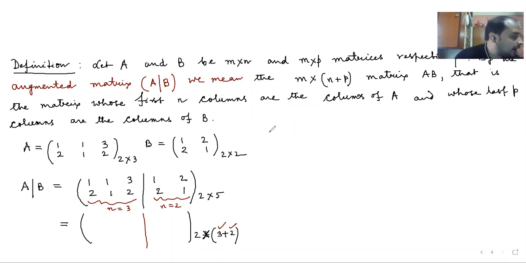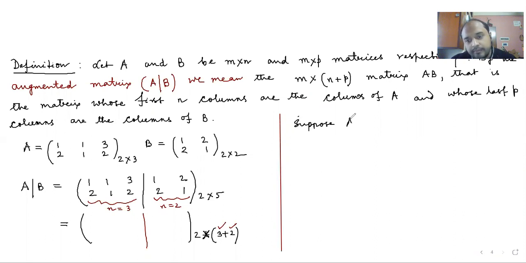So what we are going to do, why it is important. So suppose a matrix is given to you.